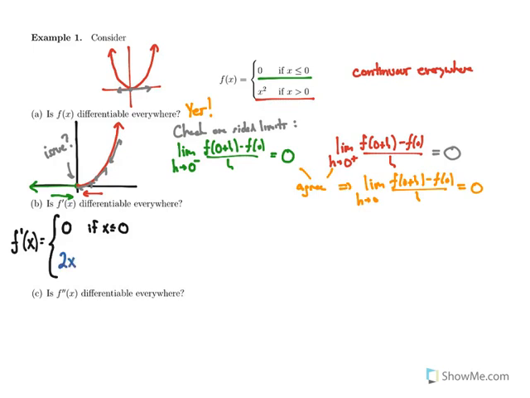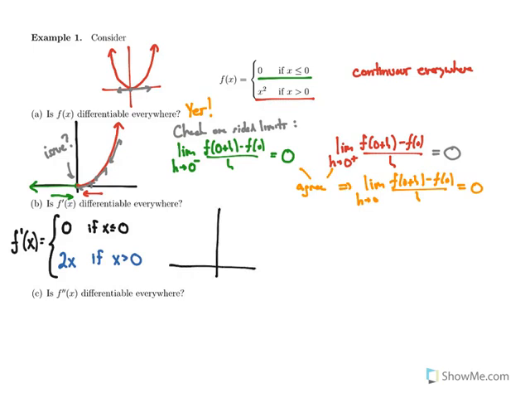And if you don't believe me on that, go through the limit definition of the derivative to verify that the derivative of x squared is 2x. At this point, we're just going to use that as a fact, and we will learn it formally in the next couple chapters or next couple sections. Either way, this is the derivative here.